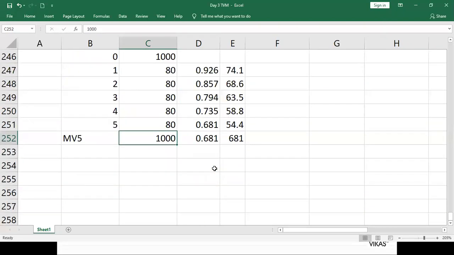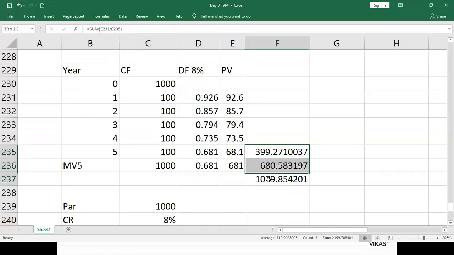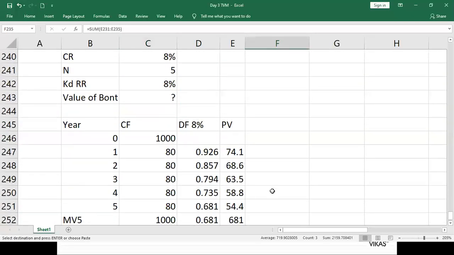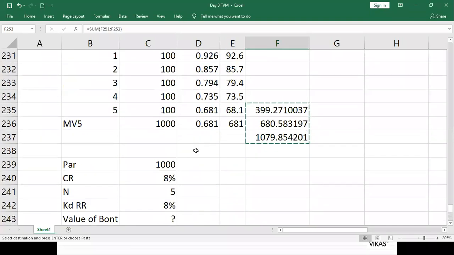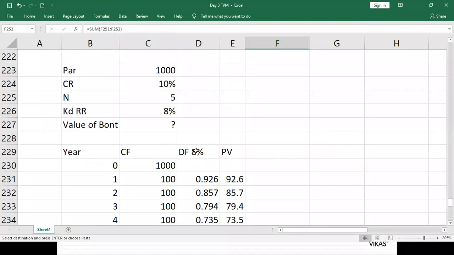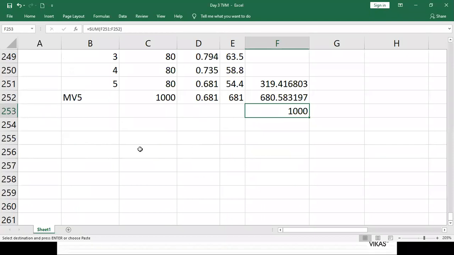Now, the answer is 1000, right? The value of the bond is 1000. So, have you observed there is a relationship? Here I put par value.